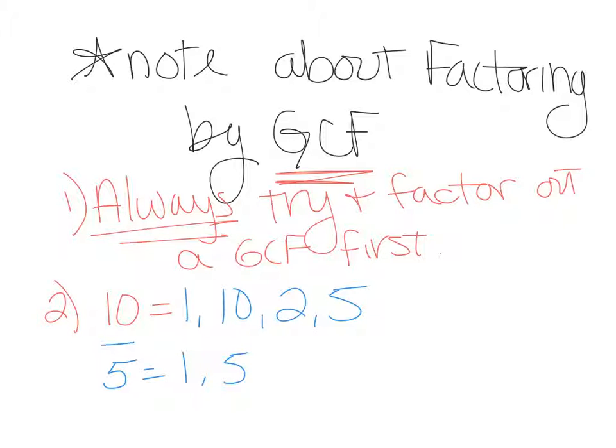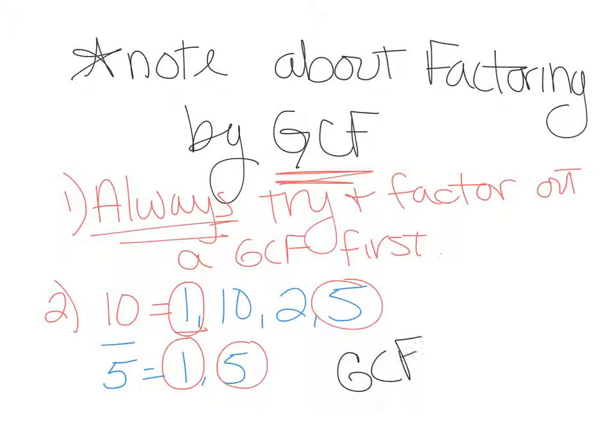When I look for common factors, they both have a 1, and they both have a 5, so those are both common. The greatest common factor is the biggest of those two, so the greatest common factor here is 5.